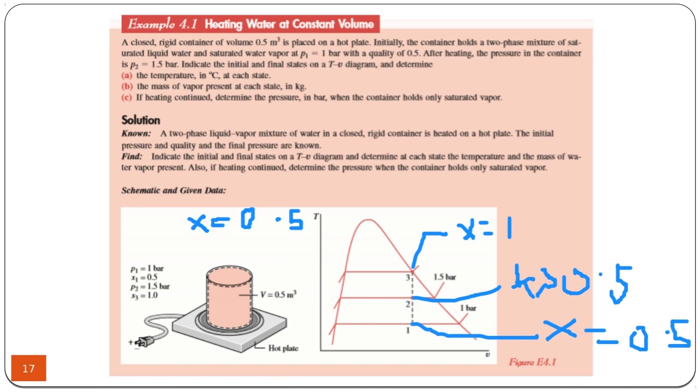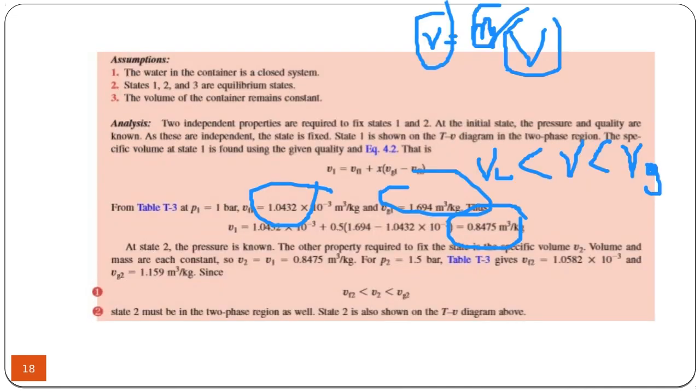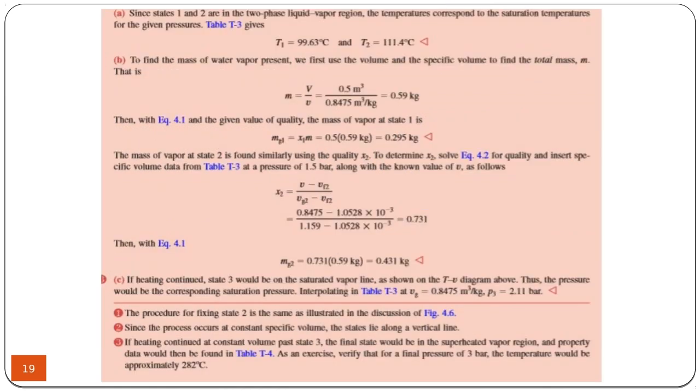You will set this value as the saturated vapor specific volume for state 3. You need to go to the table and you will find that this specific volume belongs to a pressure of 2.11 bars.